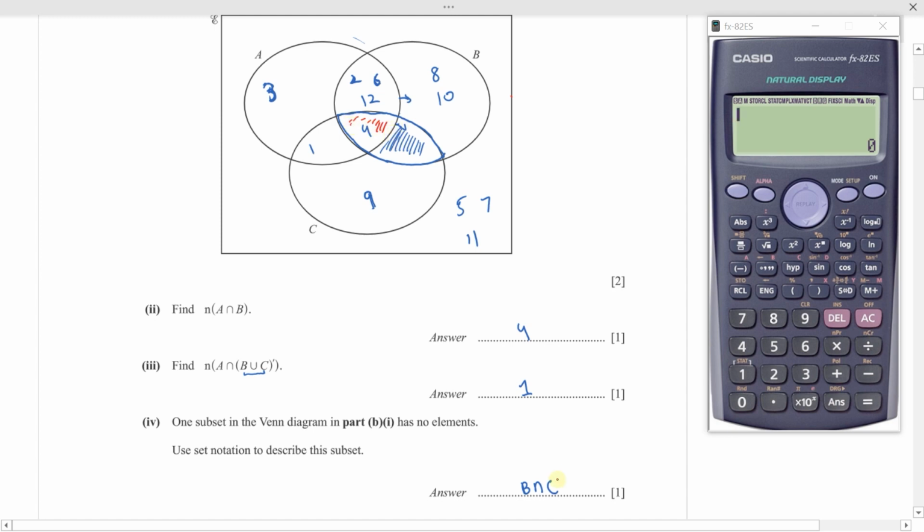So I'm basically looking for the intersection of this blue region with A complement, because this shaded region is outside of A. So the common region between this blue, which is B intersection C, and A complement, which is outside of A, the common region is this one. This is outside A and it is part of B intersection C. So you get B intersection C, then intersection with A complement. So this is the region that you will get, which is empty.